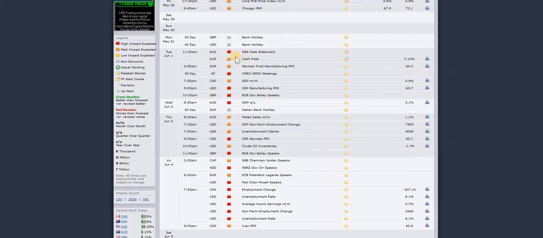Tuesday gets busier. We have Australian interest rate news. So there's a big one to watch out for, especially if you're trading the Aussie. And OPEC meetings, nothing to worry about there too much. Out of the US on Tuesday, we've got ISM manufacturing, and Bailey from the Bank of England speaks, which could affect the pound.